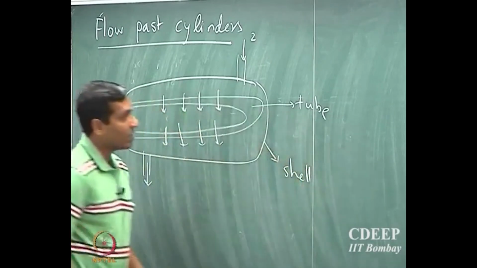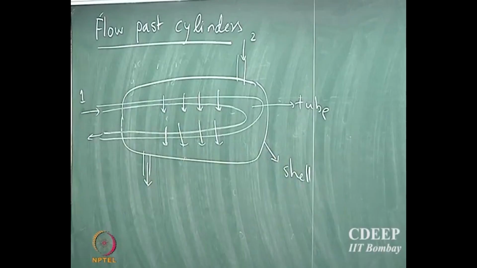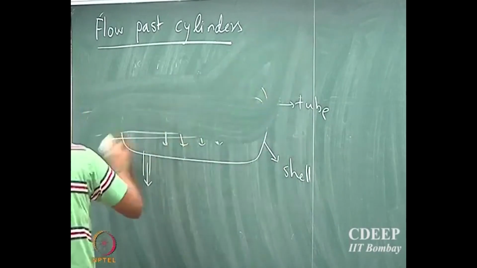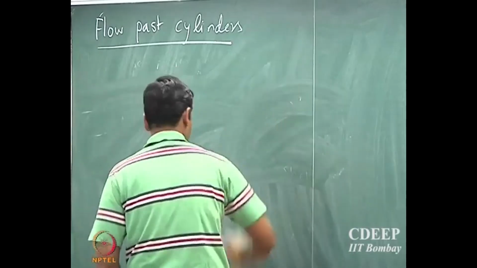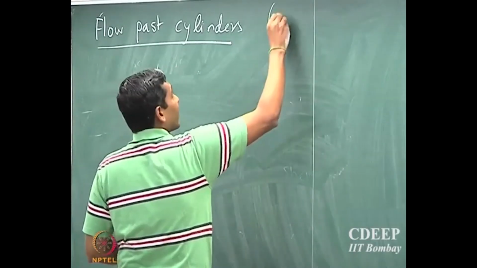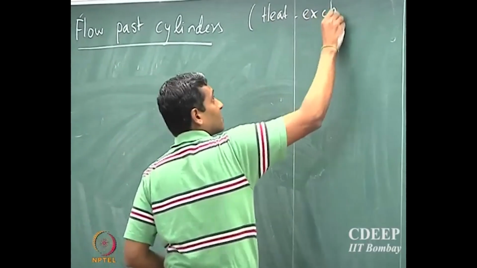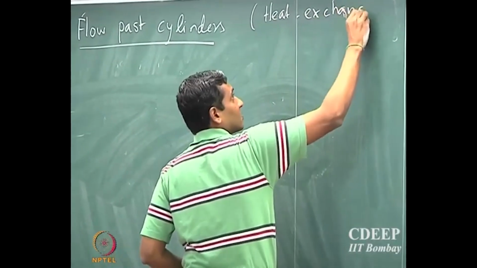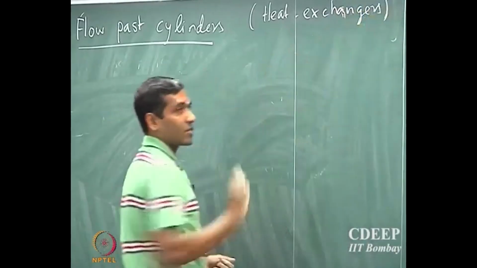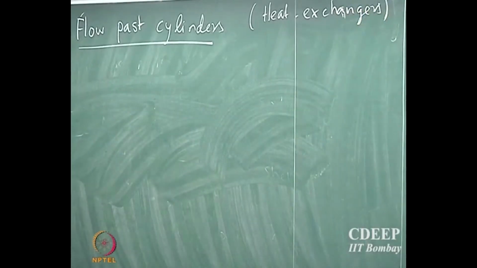So that's what we are going to see in the rest of today's and the next lecture. So the real direct application is heat exchangers. That's the direct application of flow past cylinders.